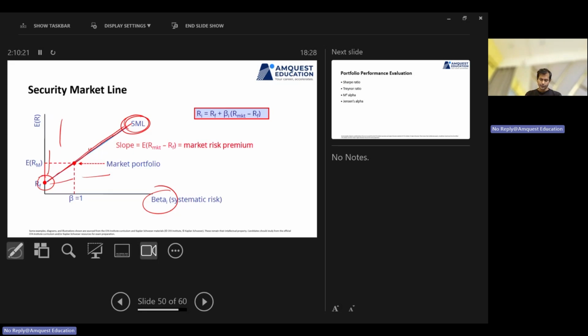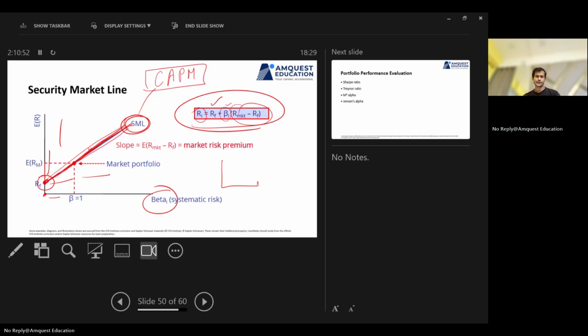Even if you take 0 beta, you will earn at least this much. And the more beta you take, the more RM you earn, which is why the formula is RF fixed plus beta times the risk premium, because as your beta increases, your risk premium also will increase, and your R will increase. So this formula depicts how the SML line will work, and this formula is based on the CAPM model, the capital asset pricing model. Clear?